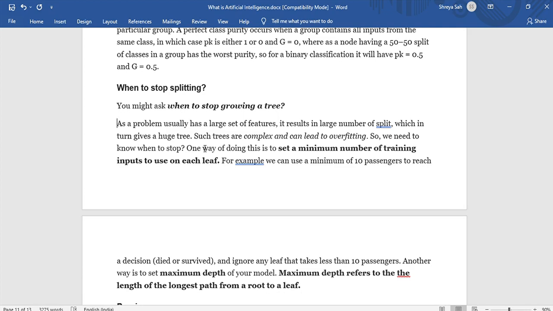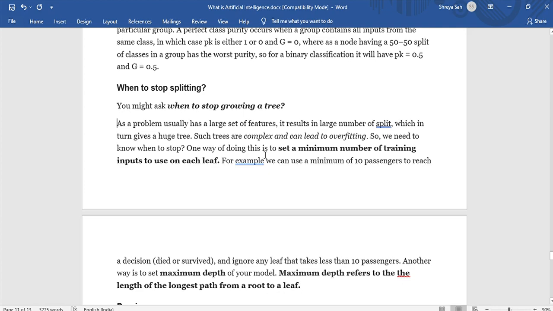And if we try to underfit, then the results will not be accurate. It's a very important concept in statistics. Moving on, we do not want to overfit, so we need to know when to stop.